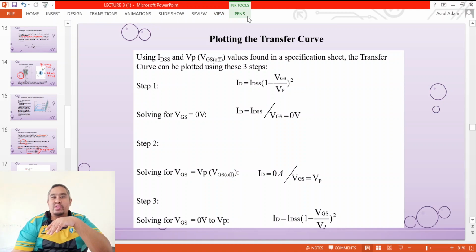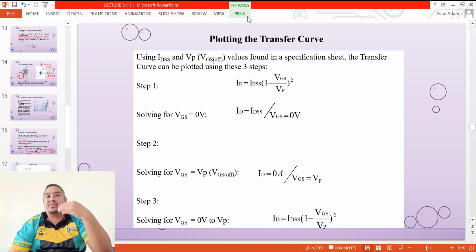Then we learned the similarity and difference between FET and BJT, the basic operating condition of JFET, the JFET construction, and the JFET formula.